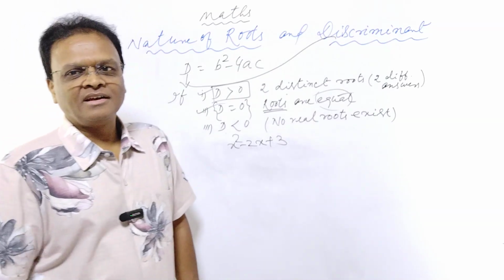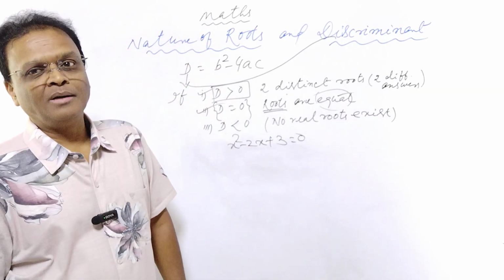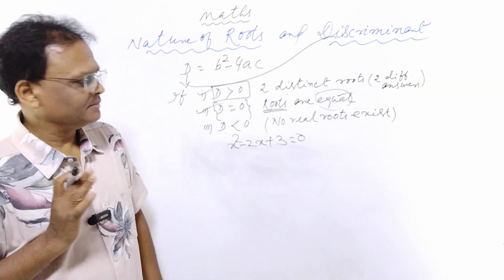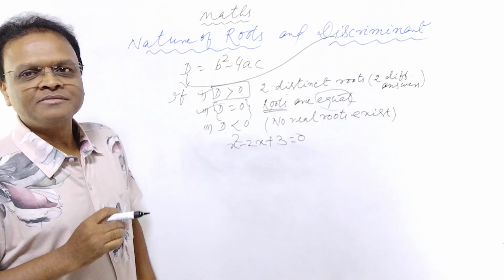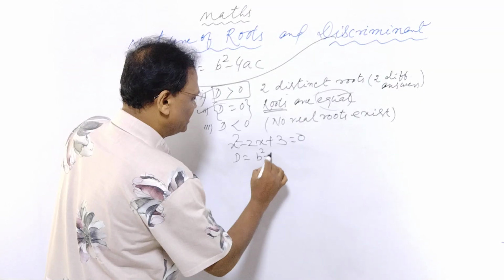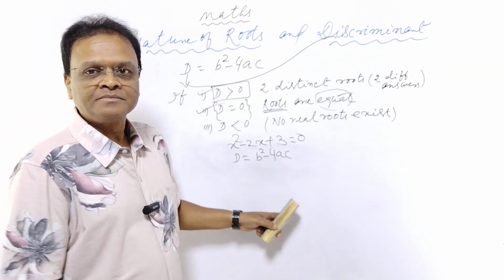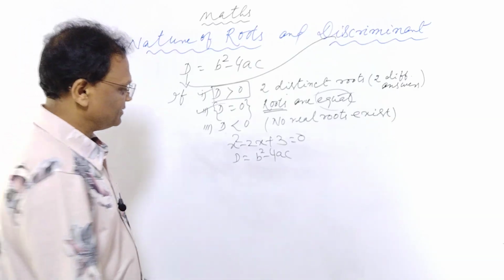In this case, you will not be able to find the roots. Why? Let's prove. The D formula is D equals b square minus 4ac.